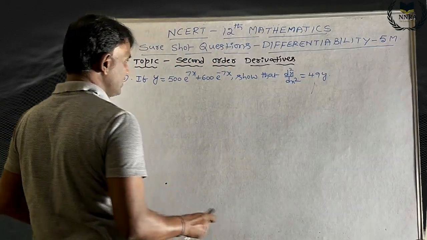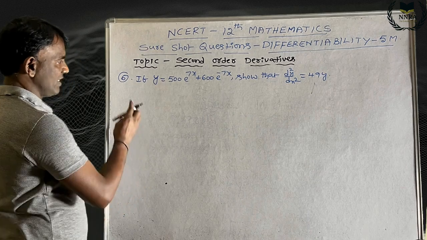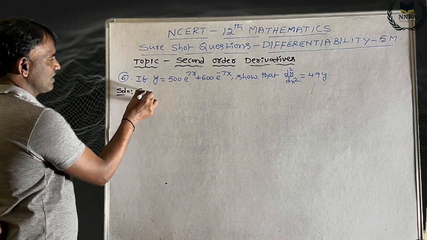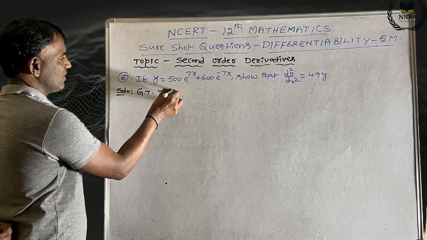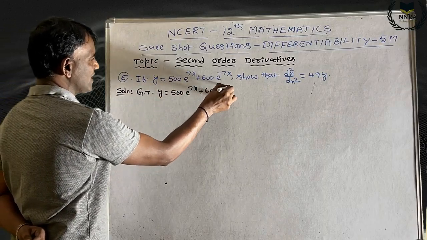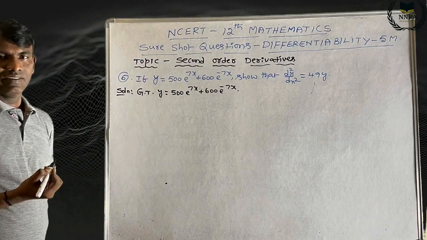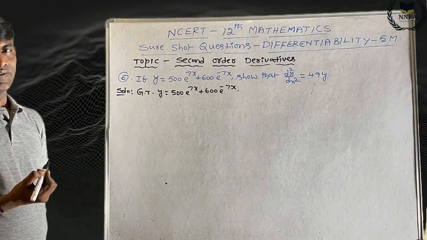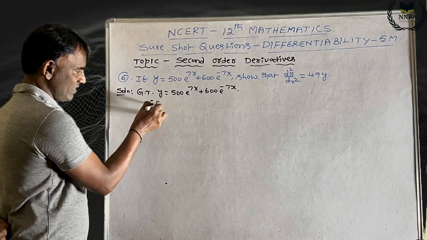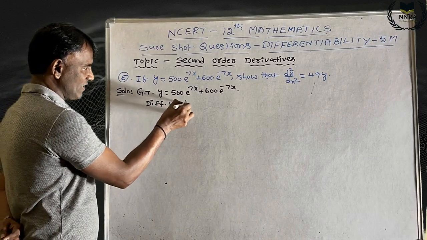Now sixth question. It's a very simple question. What is the given value here? Y equal to 500 e power 7x plus 600 into e power minus 7x. We find the second order derivative. For that first we find first order derivative dy by dx, right? So differentiating with respect to x.